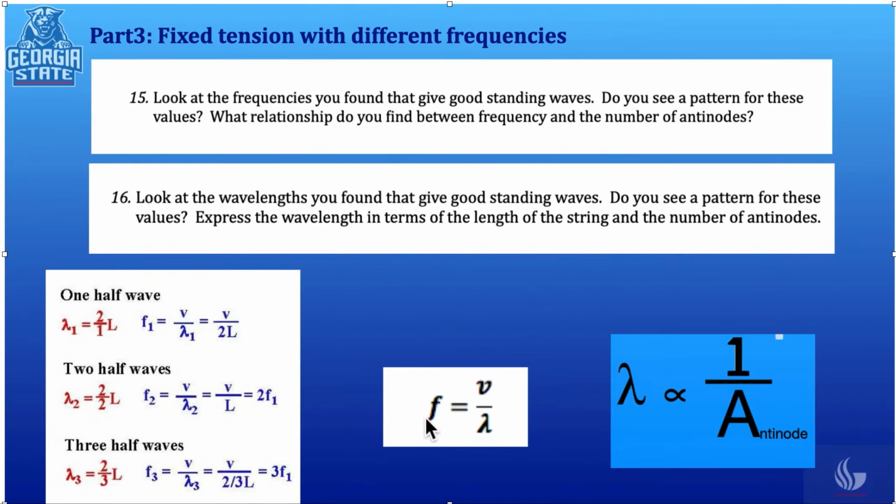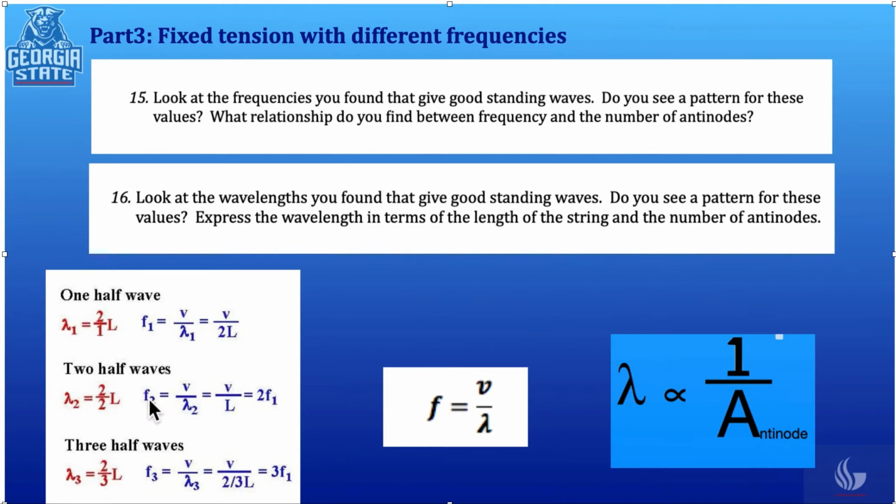You can think that frequency is related to the wavelength. Frequency is inversely proportional to wavelength, and wavelength is inversely proportional to antinodes. So what would be the relationship of frequency and the antinodes? Or you may think that for frequency F1, your number of segments or antinodes was 1.